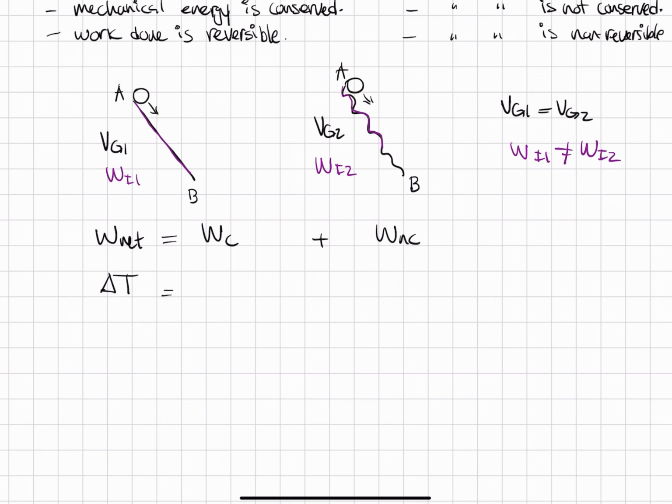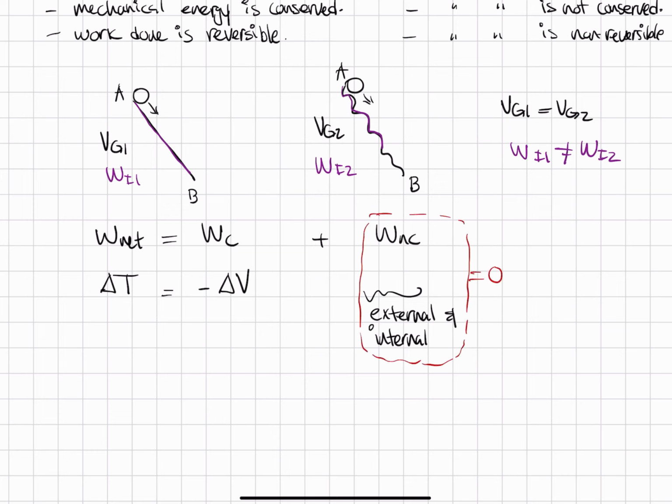What's the conservative work done on a system? Let's call this minus delta V. So that's your change in potential energy. And everything else here is all the forces that are applied, all the external and internal force times displacements, right? Those are the non-conservative works. So suppose this part here is equal to 0.